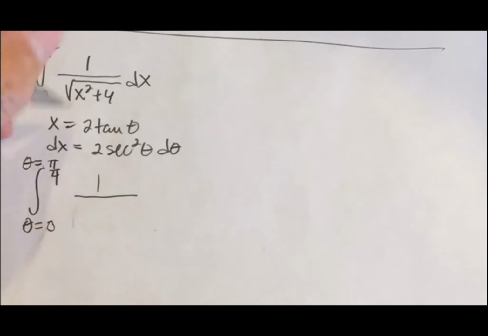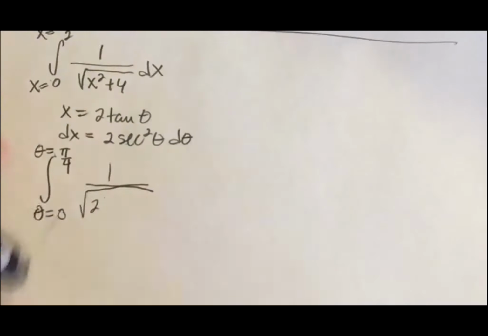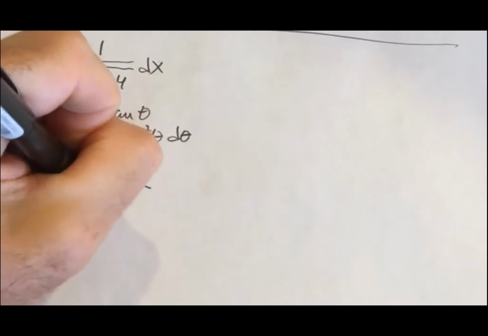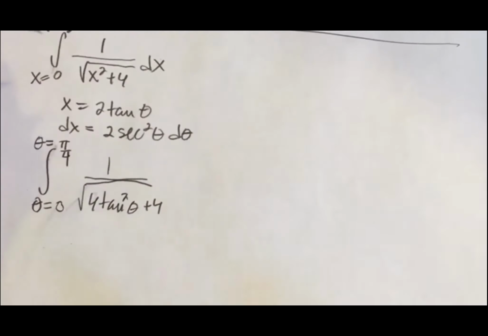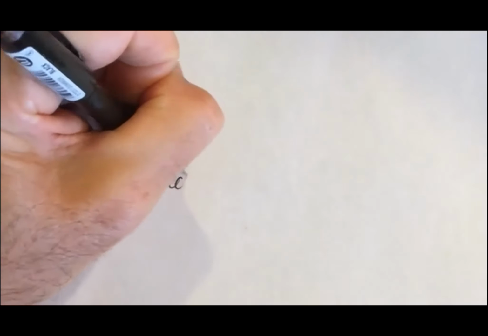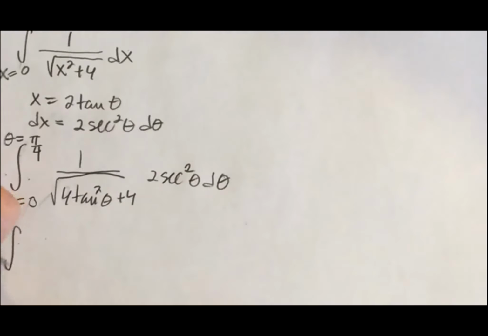All right, 1 over the square root of 2 squared, right? So 4 tangent squared plus 4, and dx was 2 secant squared theta d theta. So now I'm thinking 0 to pi over 4.